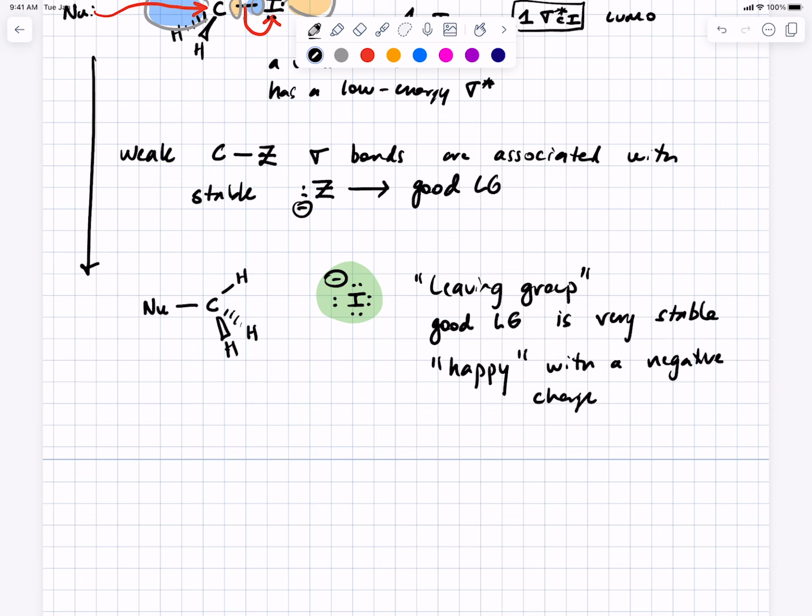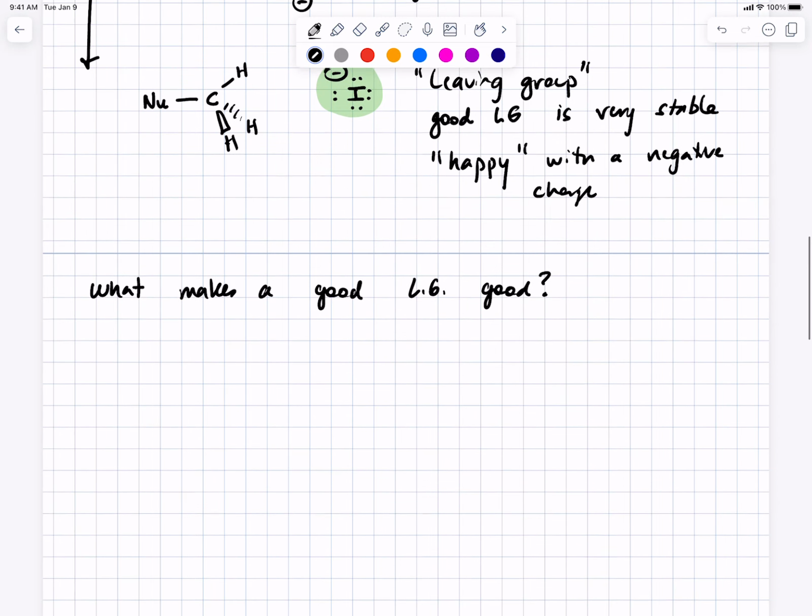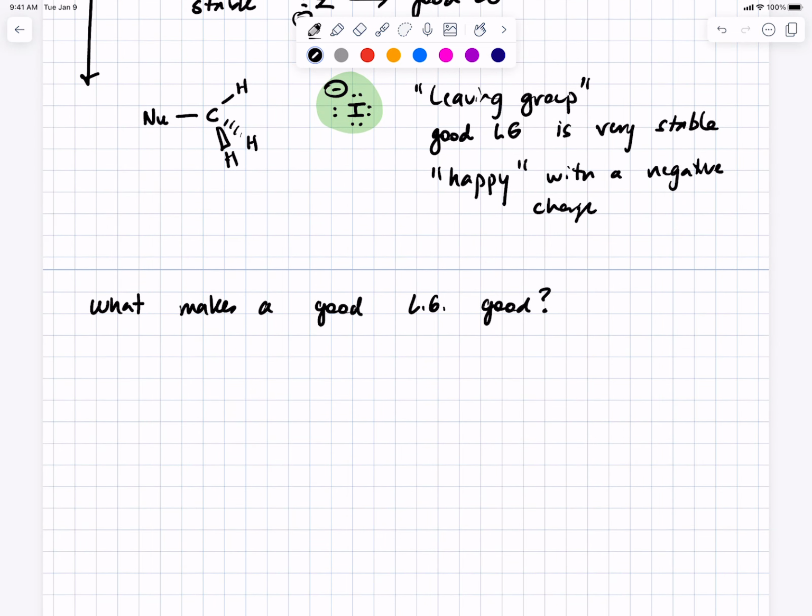In the meantime, as we focus on acid-base chemistry as a way of explaining what makes a good leaving group good, we're going to have the chance to talk about also what makes strong acids strong, and that can be useful too. So, a good leaving group is something, as I said, that is happy with a negative charge.